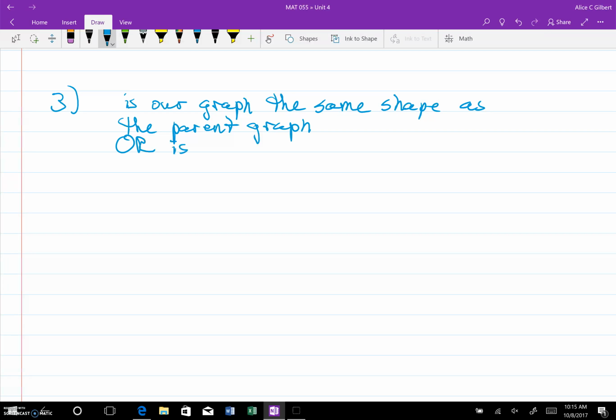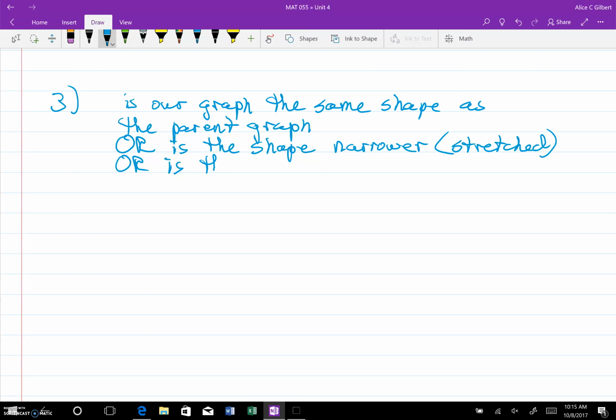Or is the shape narrower, sometimes known as stretched, or is the shape wider than the parent graph, sometimes known as compressed? And we'll learn what that is when we do the examples.